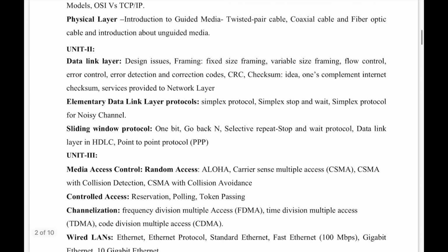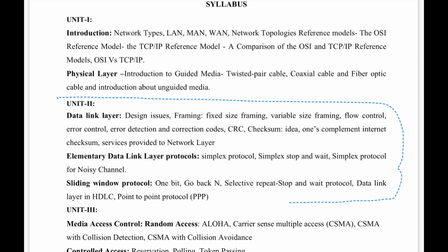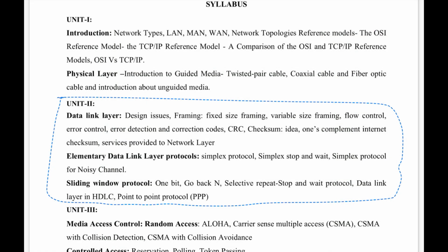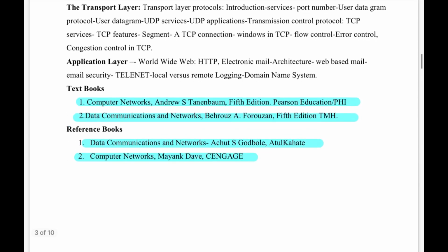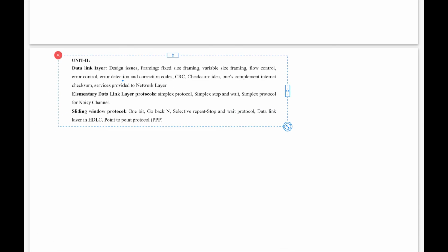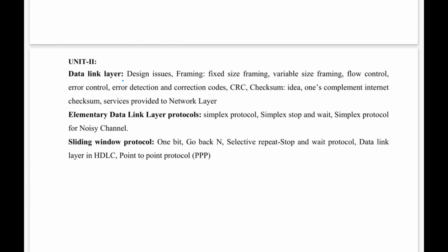And coming to the next, unit 2. In unit 2, we're going to study the data link layer.